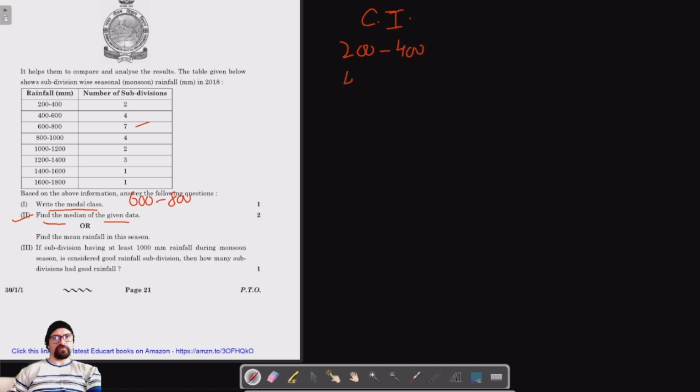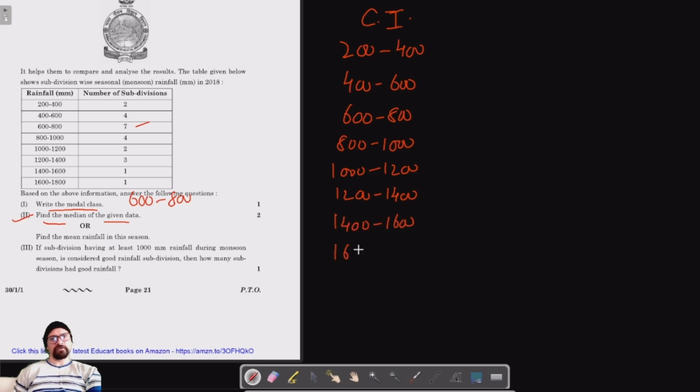So these are the class intervals: 200 to 400, 400 to 600, 600 to 800, 800 to 1000, 1000 to 1200, 1200 to 1400, 1400 to 1600, 1600 to 1800. And the frequencies are given as 2, 4, 7, 4, 2, 3, 1, 1.